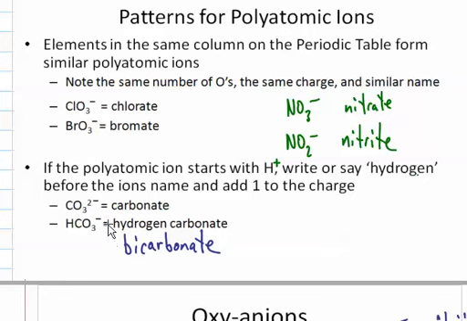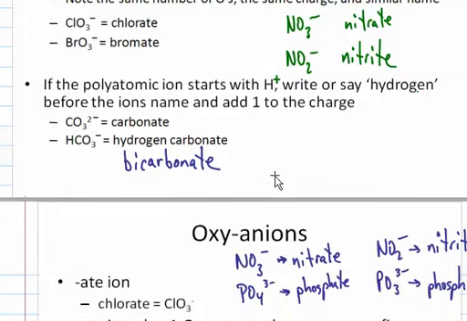And we name this hydrogen carbonate. So this hydrogen simply indicates that we've got a protonated carbonate ion. Commonly, this particular ion is called bicarbonate. And we'll see this with many of the oxyanions. We can add an H+ ion to them and call them hydrogen carbonate or hydrogen sulfate or hydrogen phosphate, etc.